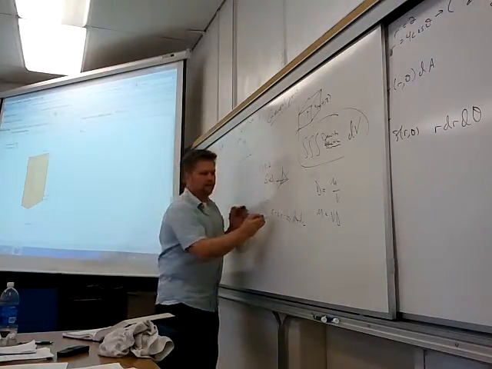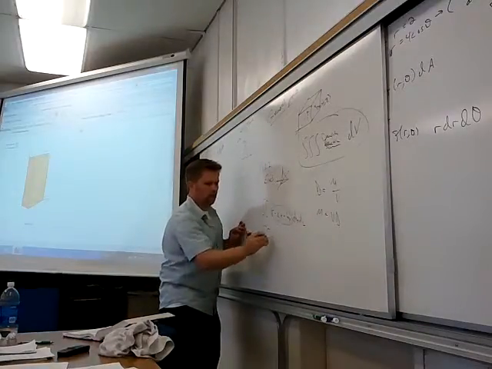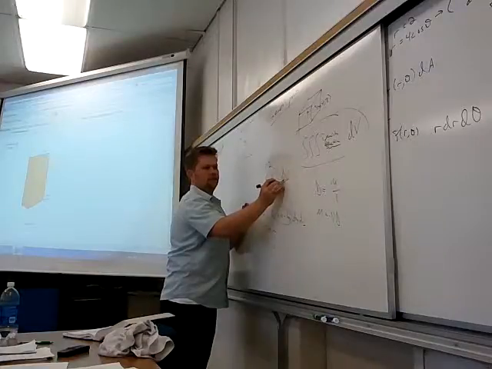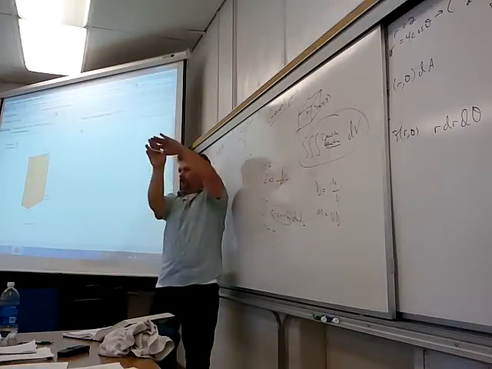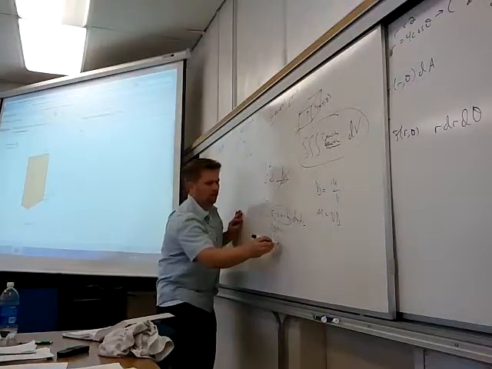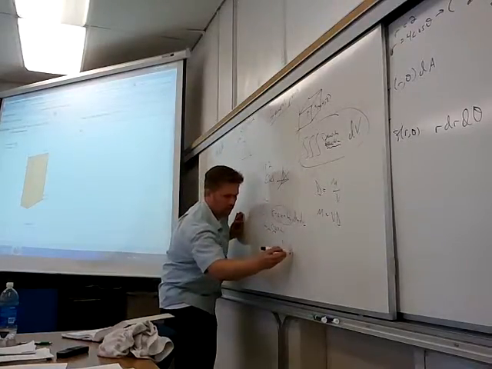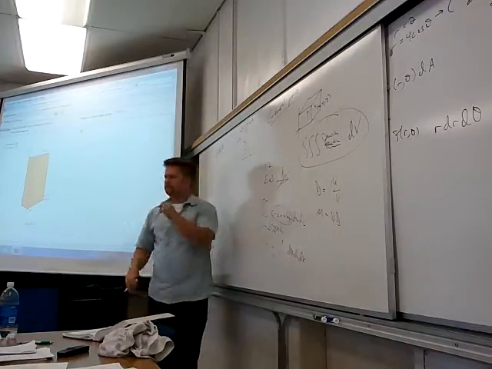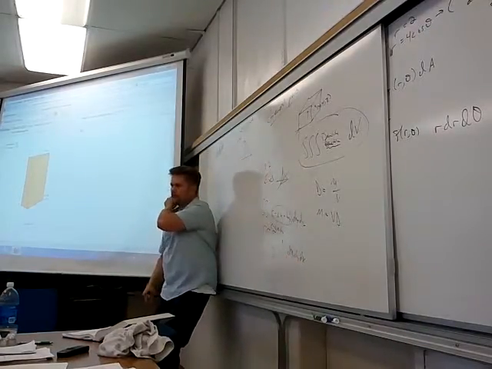But I could instead take one more integral and say z goes from 0, at any point, z goes from 0 to that roof. So it goes from 0 to this. And of course, I have a 1 in there. You with me?